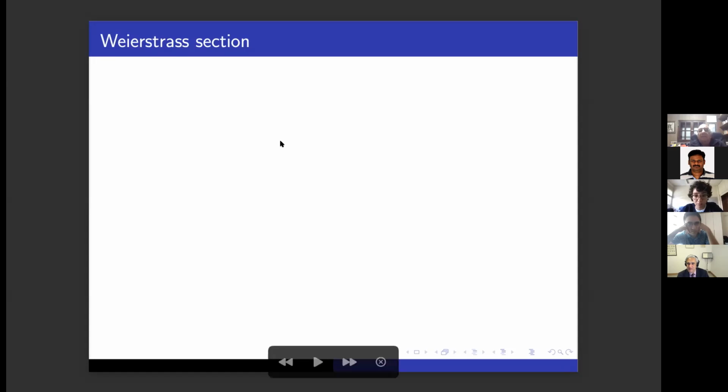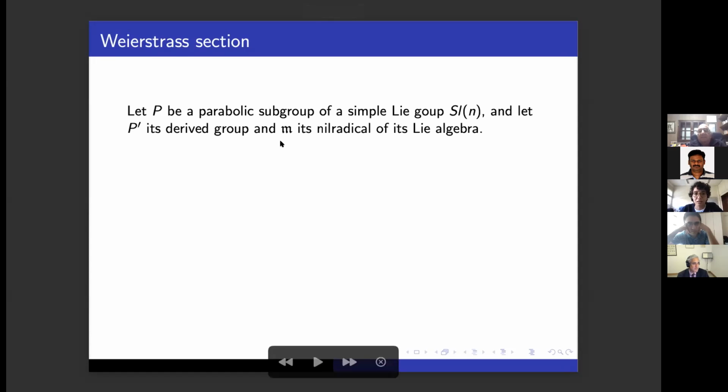So P is a parabolic subgroup of simple Lie group SL_n, and P prime is its derived group, and M is the nilradical of its Lie algebra.